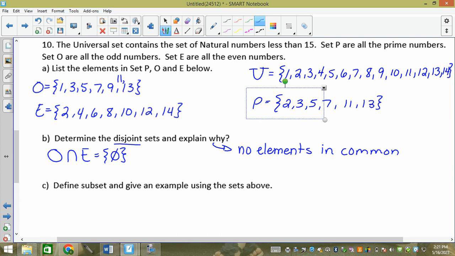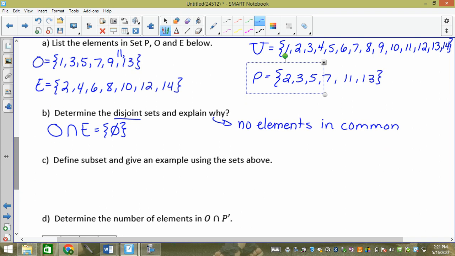Define a subset. What is a subset? Does anyone remember? It's when there's two sets, but one of the sets has elements that are in the other set. It's exactly it. So a subset is when all the elements in that set are contained in the other set.